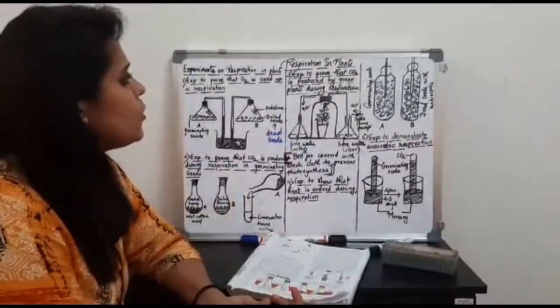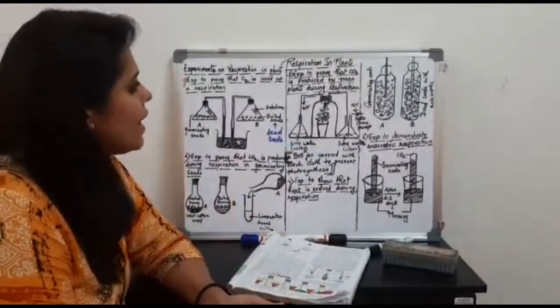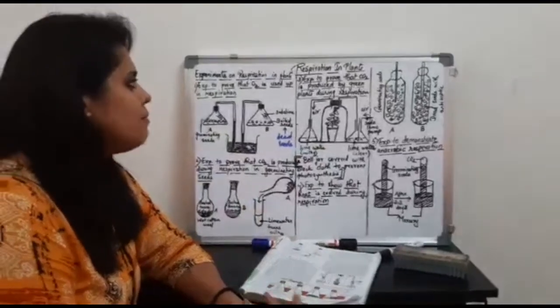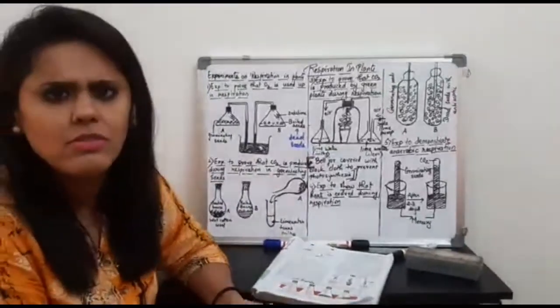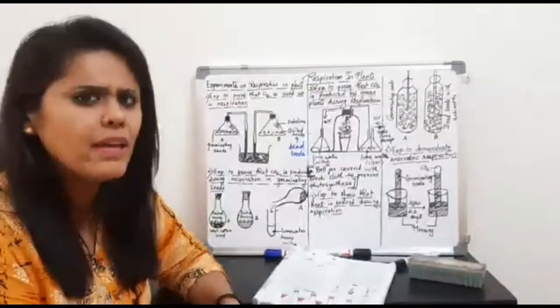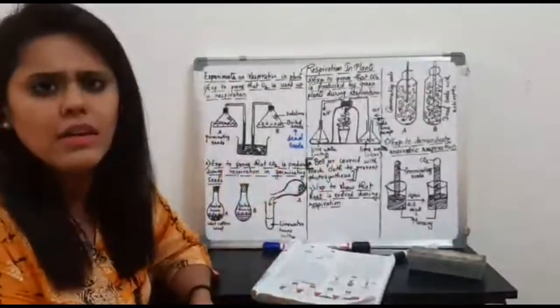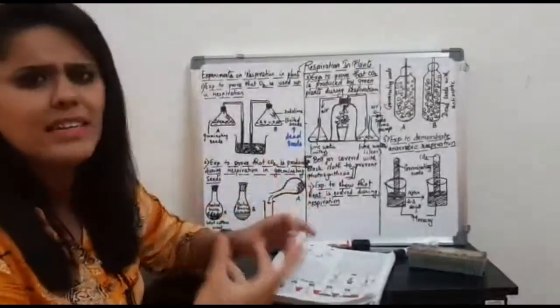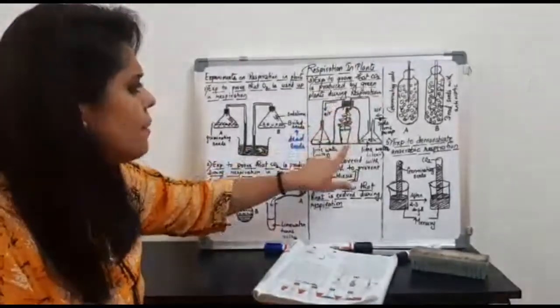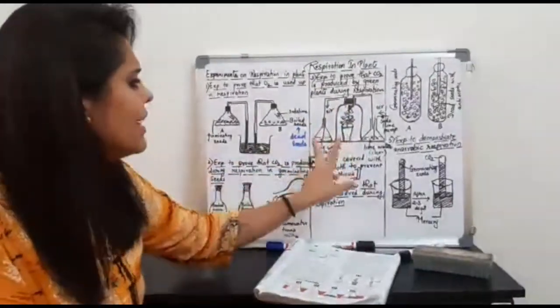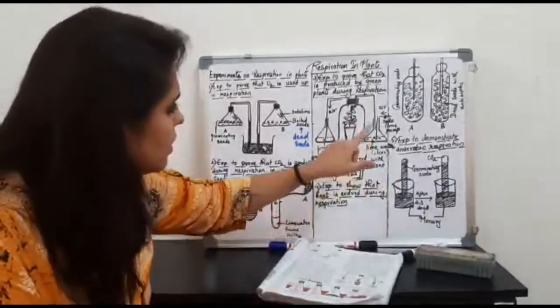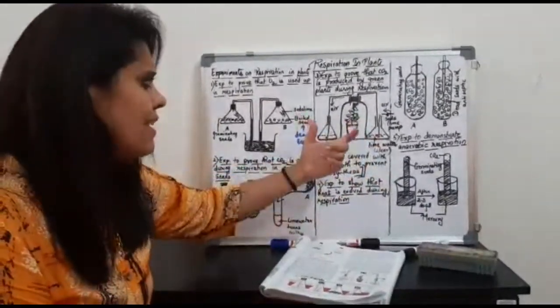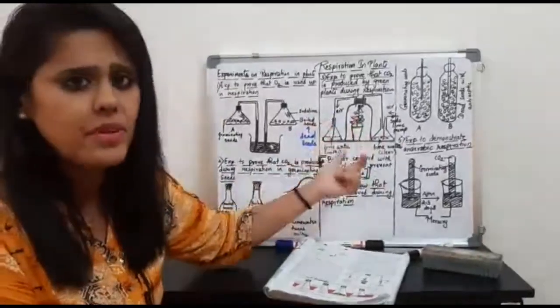Third experiment, it is designed to prove that carbon dioxide is produced by green plants during respiration. Now it is again similar to the experiment we did in the second experiment, but just the setup is a little different. Here there is a bell jar and there are two conical flasks. As I said, only the setup is different.